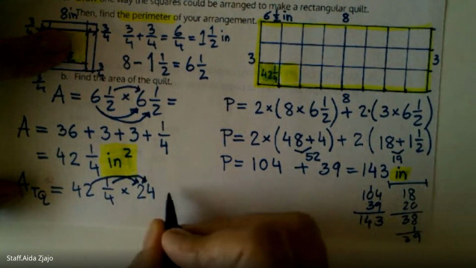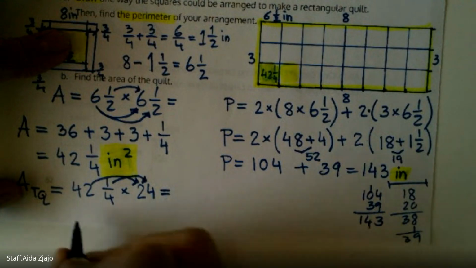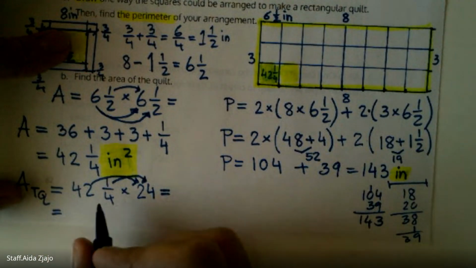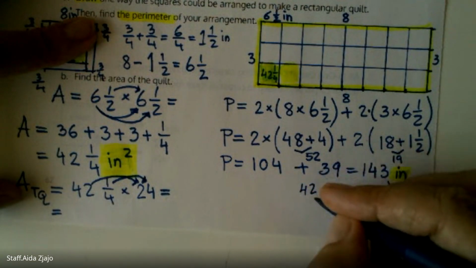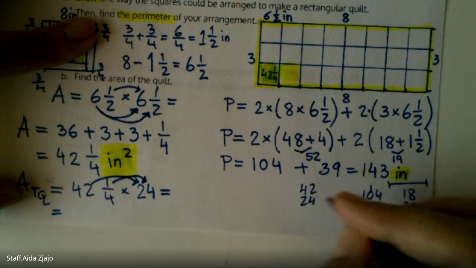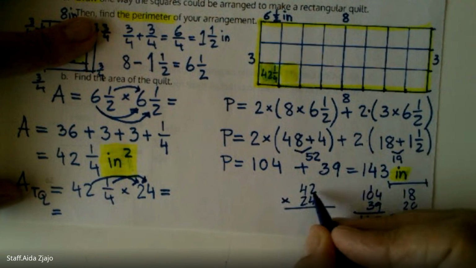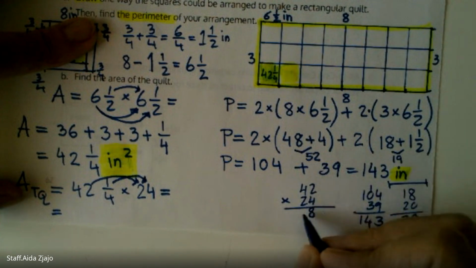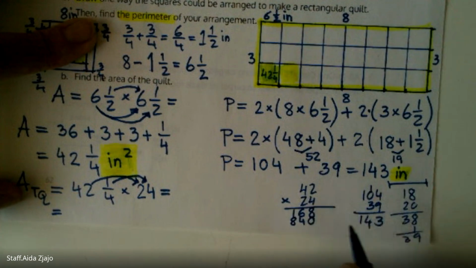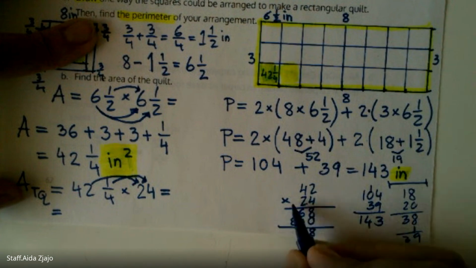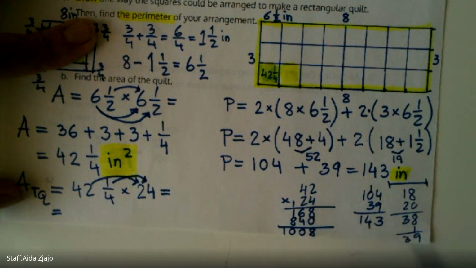Ready? 42 times 24: 2 times 4 is 8, 4 times 4 is 16, but 0, 2 times 2 is 4, 2 times 4 is 8, together it's 1008.